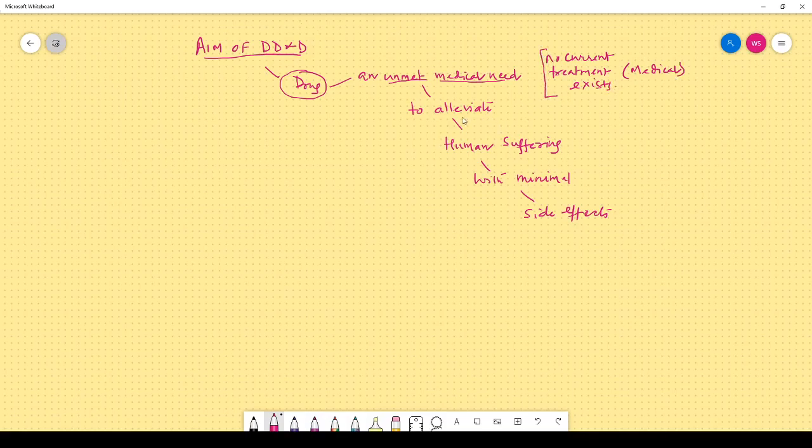Okay, with a view to alleviate, meaning to reach comfort or reduce the suffering, with minimal side effects. Okay.